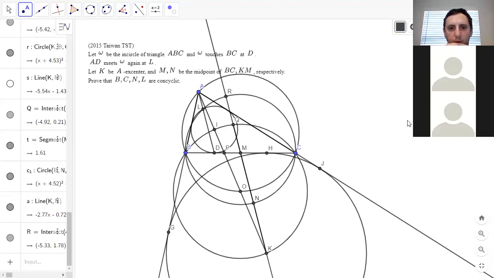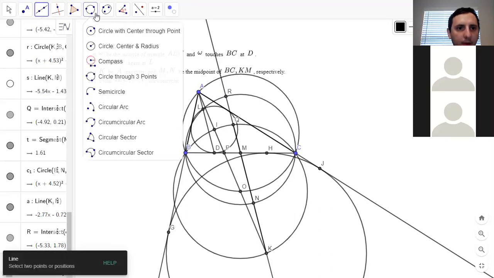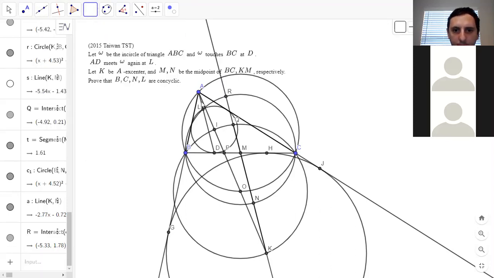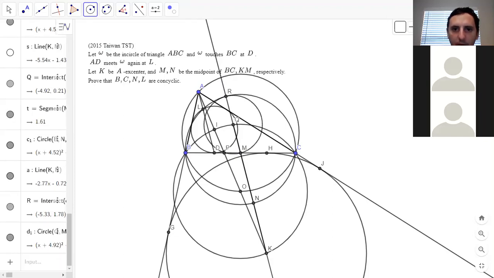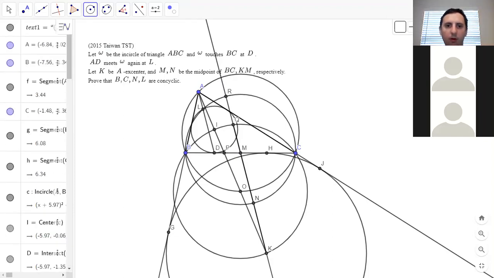So I want to show that Q is the midpoint of MR, I think. Maybe it's just like the power ratio lemma or something. Yeah, I want to show that Q is the midpoint of MR.